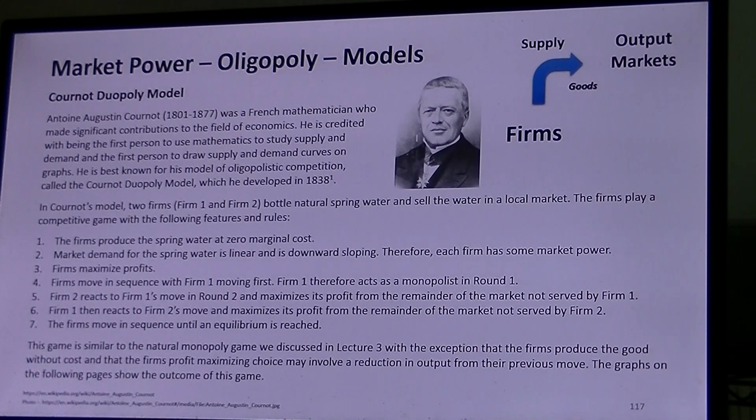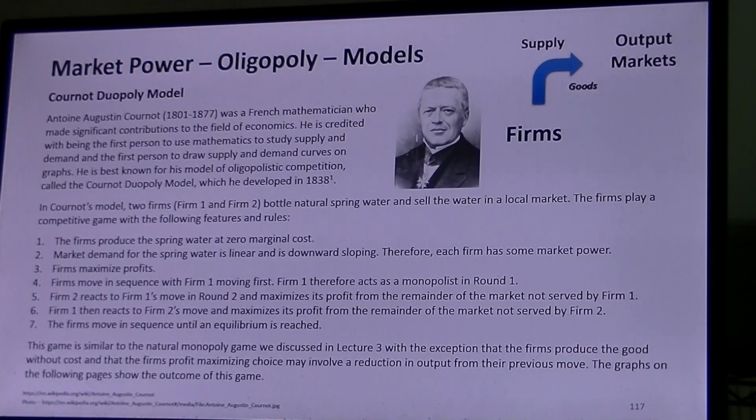You drill a well to get to the spring water. Once you drill the well, you pump the water out and bottle it. So it's a very simple item that has a marginal cost of production close to zero. The main cost is just the fixed cost of entering the market.